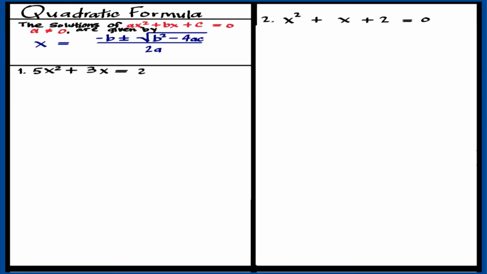Now the second one, I'm still using the quadratic formula, so I need an a. A is 1.